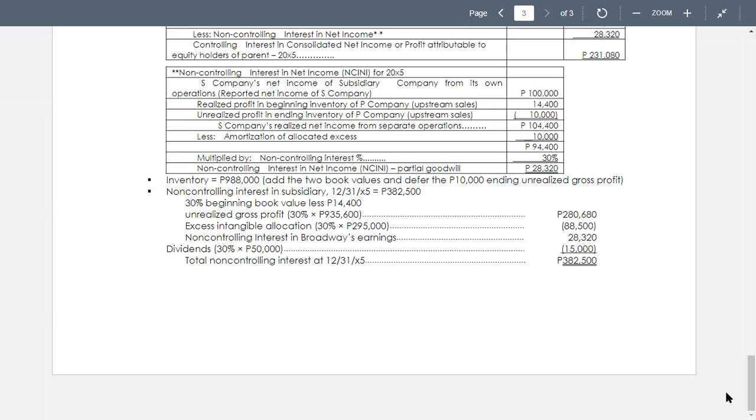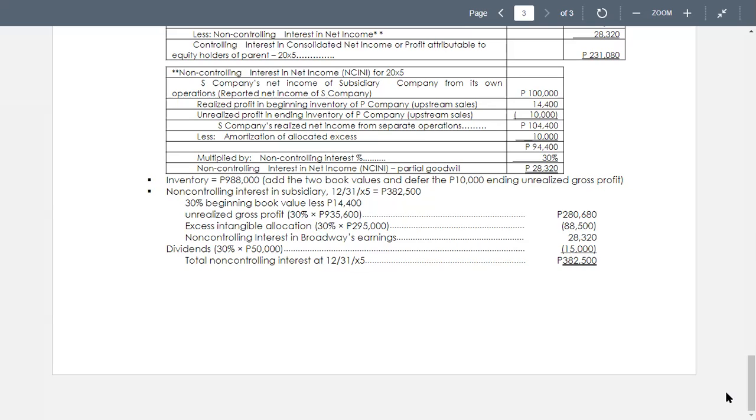For number 13, the question is DAC's investment income for 20X5, assuming dividends paid by Weasel amounted to 40,000. Under the cost method, we multiply 40,000 times 70%, so you get the amount of 28,000.